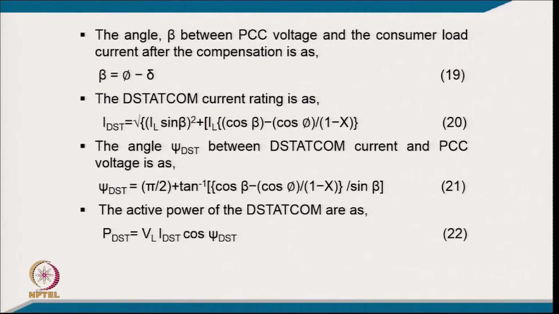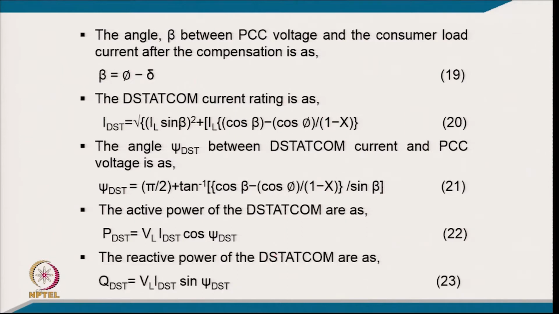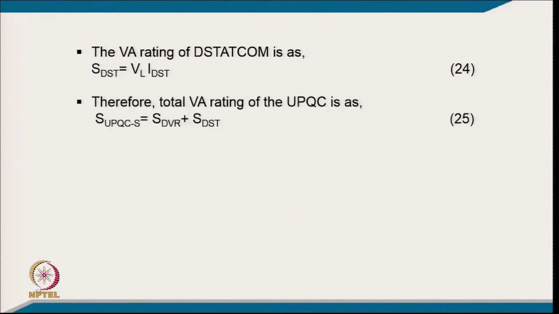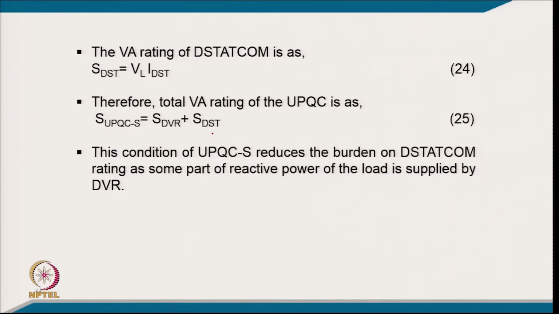The active power of the D statcom is P DST equal to VL I DST cos phi DST, and the reactive power of the D statcom is Q DST equal to VL I DST sin phi DST, and S DST equal to VL into I DST. Therefore, the total rating of UPQC is the sum of S DVR plus S DST.